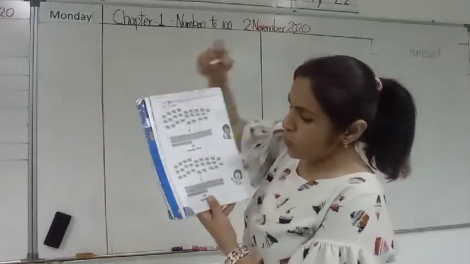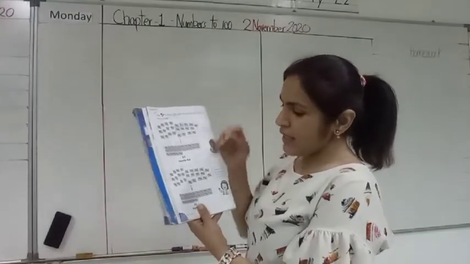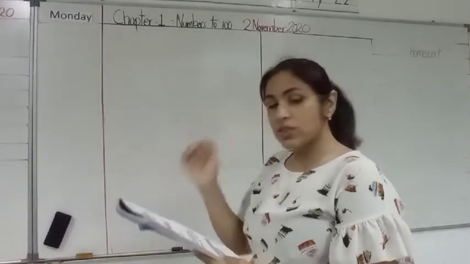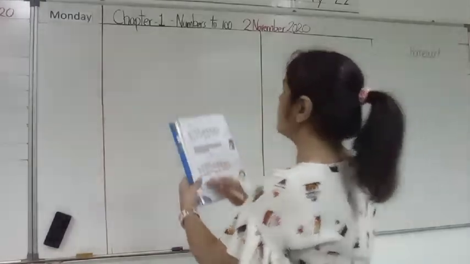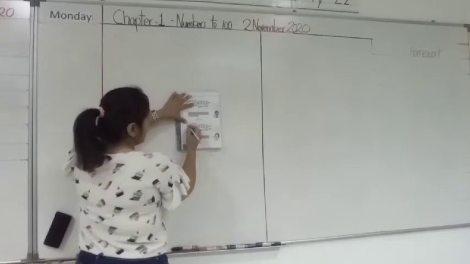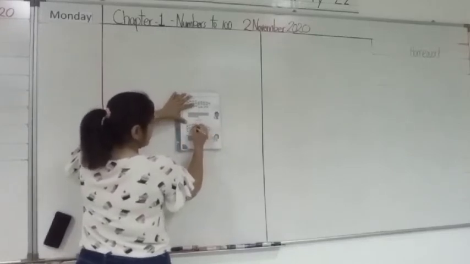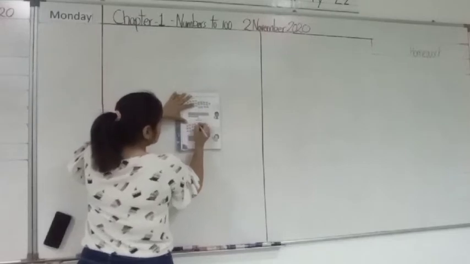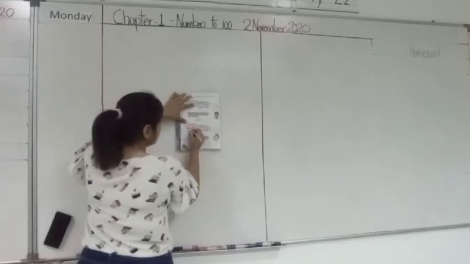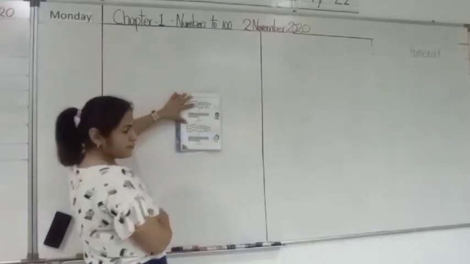The same goes over here. Callie counted how? Cross and count, strike. You've got to strike and count. 1, 2, 3, 4, 5, 6, 7, 8, 9, 10. Put that in a circle and write down 10.